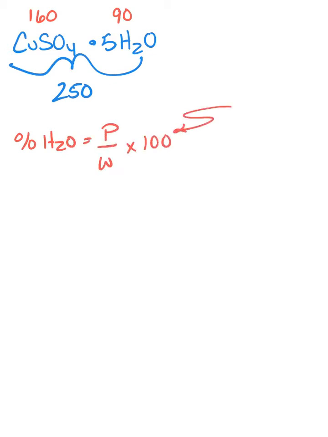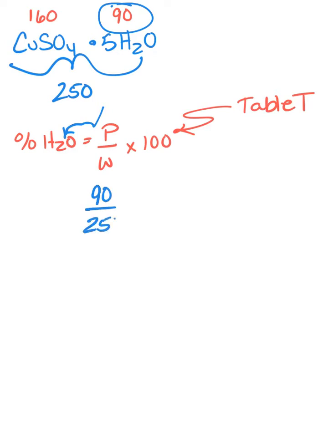You're getting this formula from Table T. The part that we're looking for is whatever this is, percent of water. So the 90 is the part that I'm looking for. 90 over the whole, which is 250, times 100. And when we plug that into our calculators, we should get 36.1%, or simply 36%.